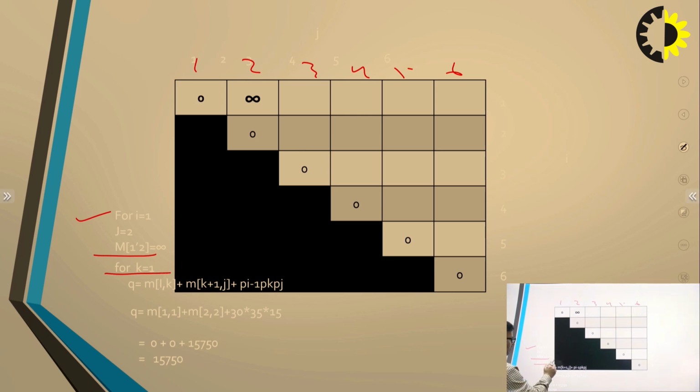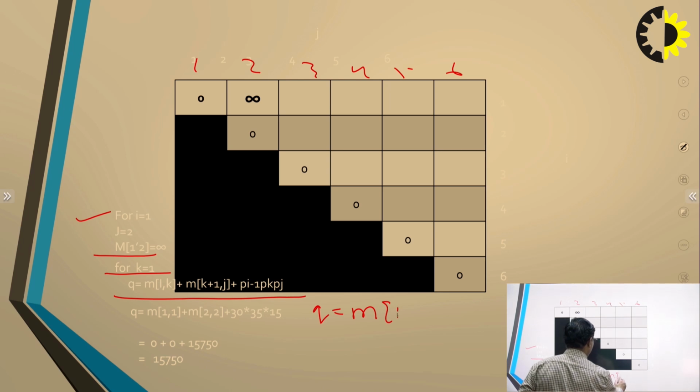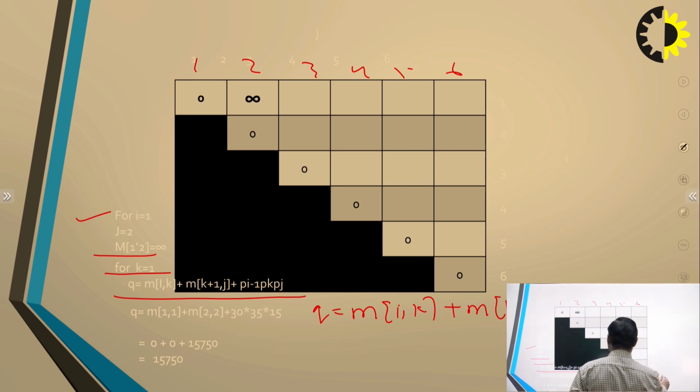Then for k = 1, the value will be put here: q = M[i,k] + M[k+1,j] + p(i-1) p(k) p(j).